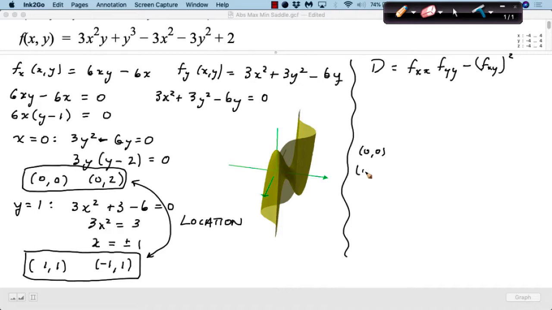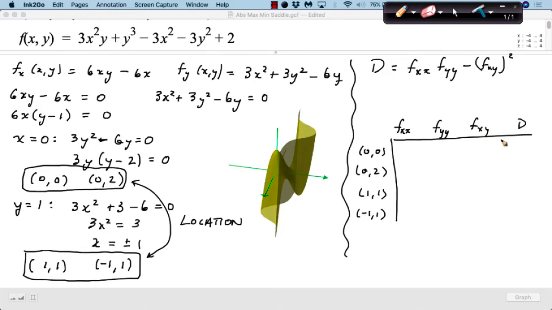List out your critical points. Once you finish the table, you'll have all the information you need and can just make your conclusions.